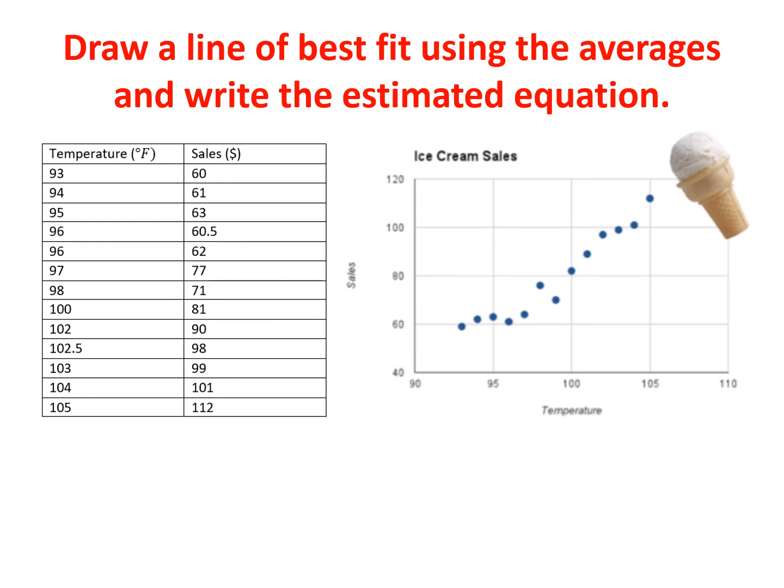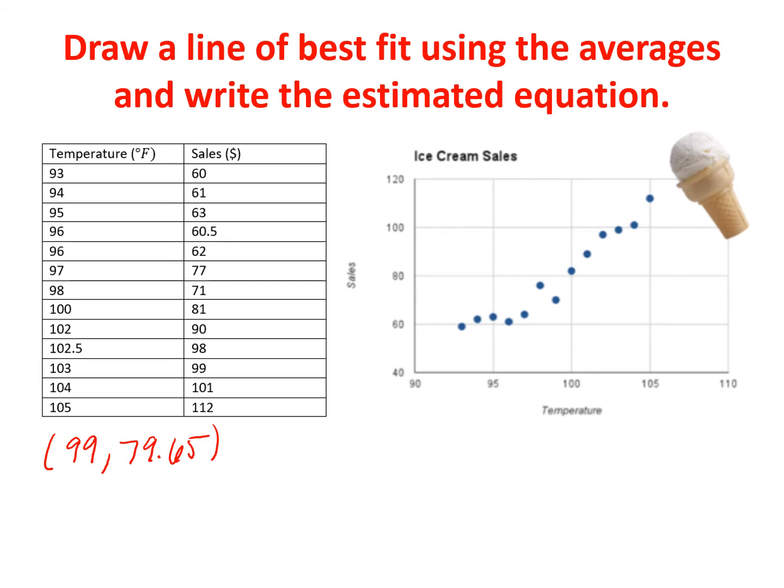So this one says draw a line of best fit using the averages and write the estimated equation. So we have to recall that on the last slide, we came up with the average temperature and the average sales. And so the point that we came up with was 99, 79.65.